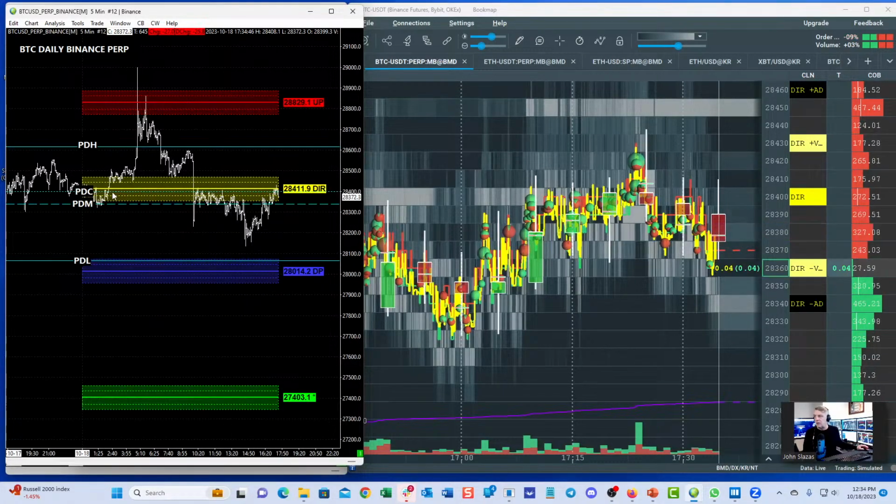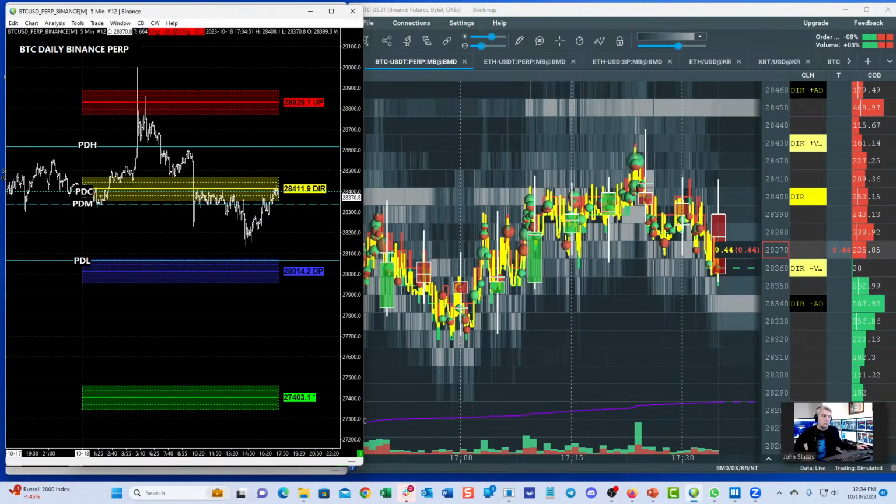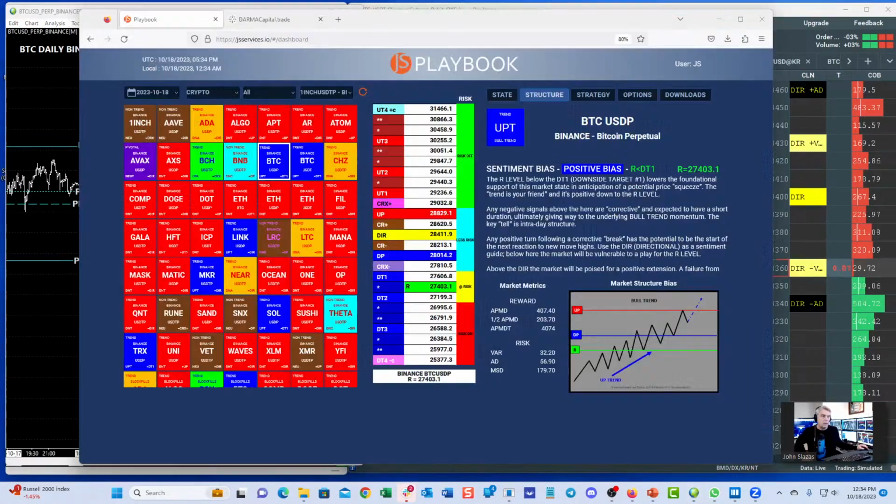This is basically telling us the segment moves the market's trading in. So this metric, let me pull up the playbook again. These metrics are your risk-reward metrics. Basically this helps you in the microstructure too, because this is the movement the market's trading in.